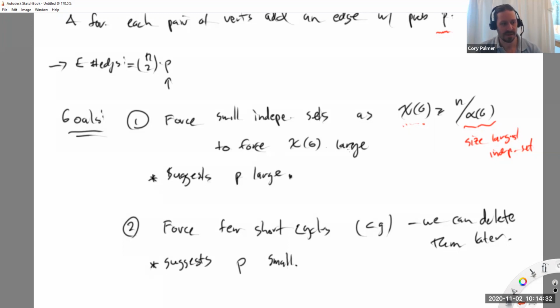Larger p makes independent sets smaller, which forces my chromatic number up. That was already intuitive to us. How do you get high chromatic number? Certainly edges help you do that. But if I want a really big chromatic number, I can just have all the edges, but then I have tons of cycles. So I've got to find some sort of p here. The hard part of this proof is figuring out what p should be, but because I'm telling it to you, I will tell you what p is.